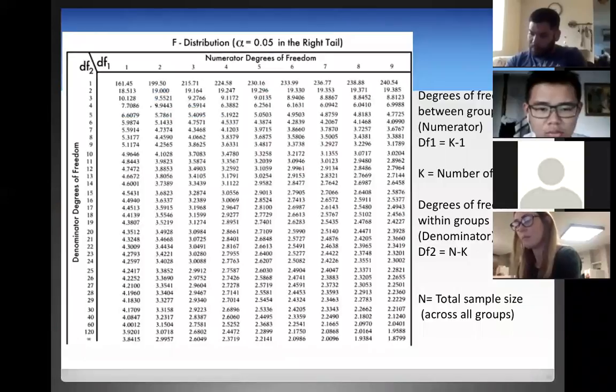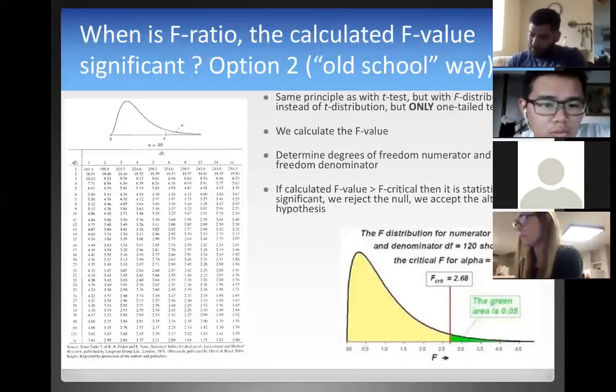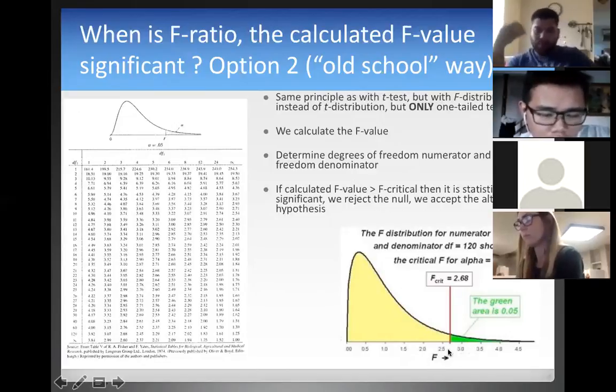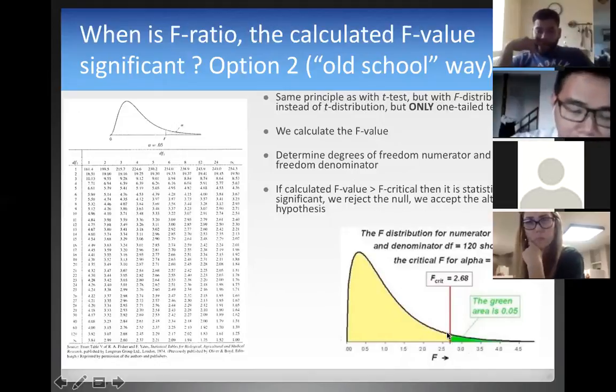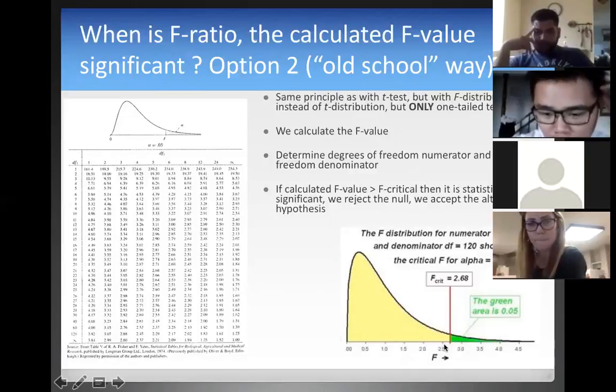And now what the ANOVA does is we're just trying to figure out, based on how many groups you have and how many people are in each group, there's a probability for this F value to be occurring, right? There's a certain probability. And now we're using the whole idea that we developed in the hypothesis testing, right?